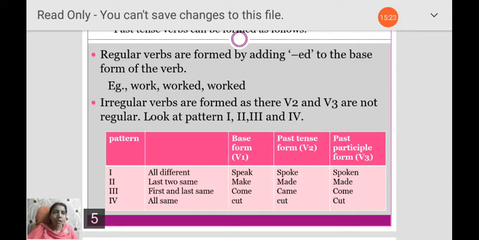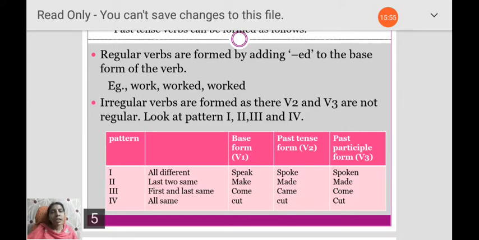Now look at the base form, past tense form and past participle form. The three are different. Look at the example given: speak, spoke, and spoken. Speak is totally different from spoke, and spoke is different from spoken. Here there is no adding of ed, so this is one type of pattern where all are different.